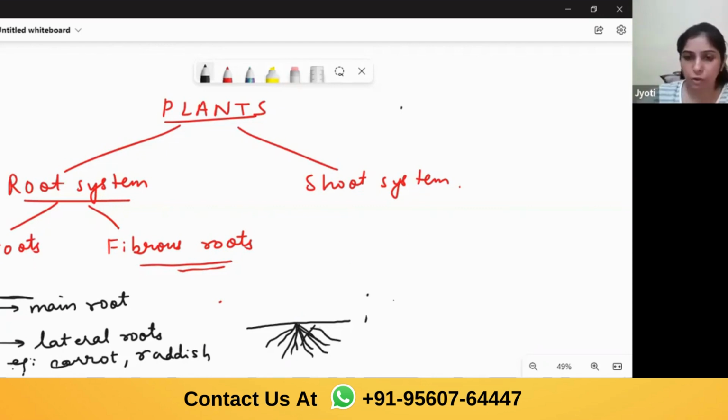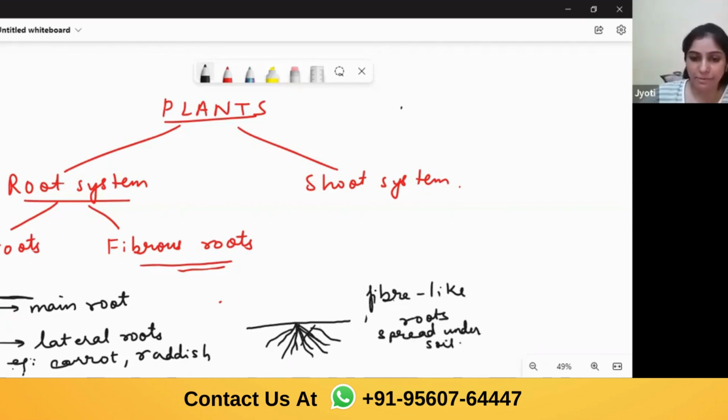The thread-like or fiber-like roots spread under the soil. Examples of the fibrous roots are grass and coconut.